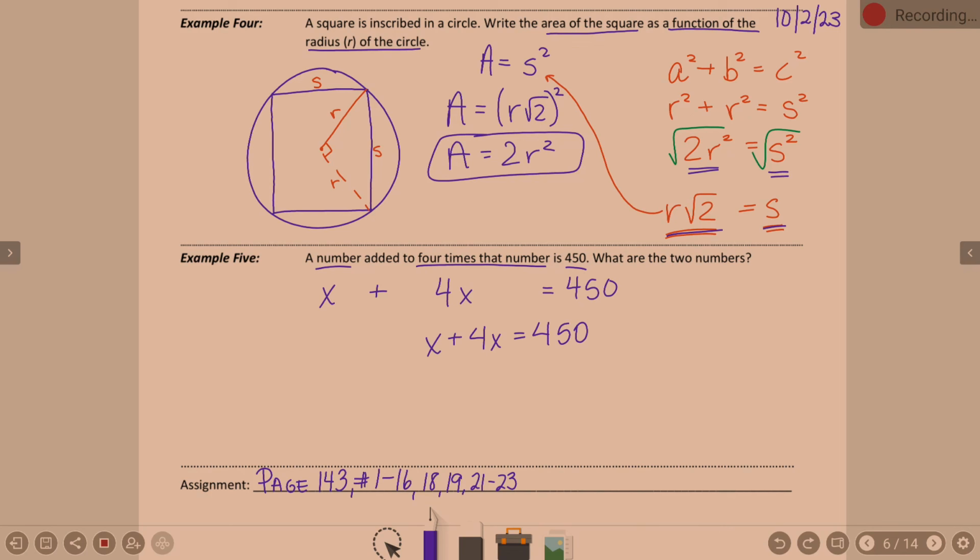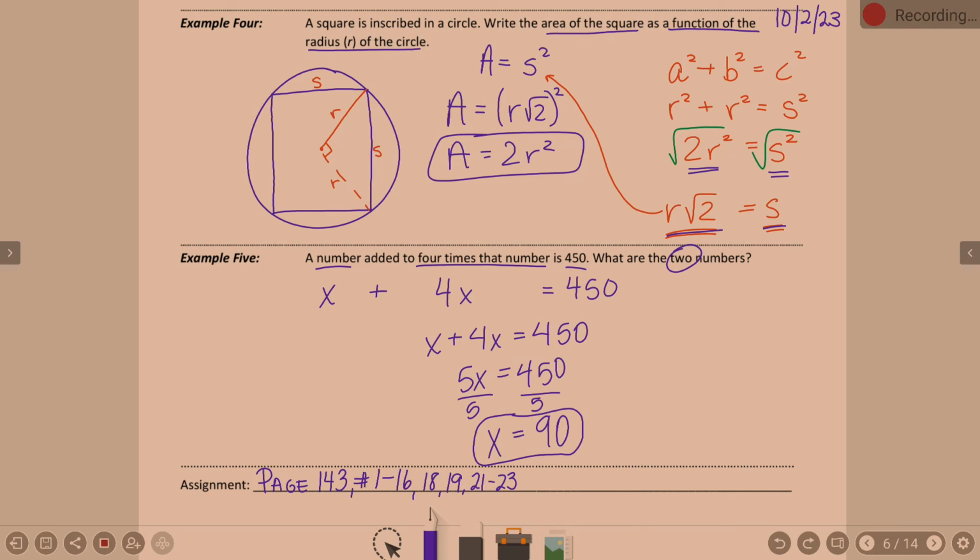How do we solve? Okay, yeah. 1x plus 4x is going to be 5x. If 5x equals 450, divide by 5, and we find x to be 90. Am I done? No, I said what are the two numbers?